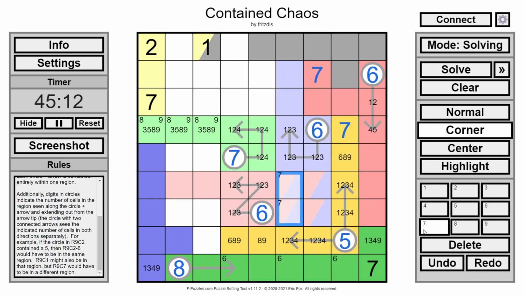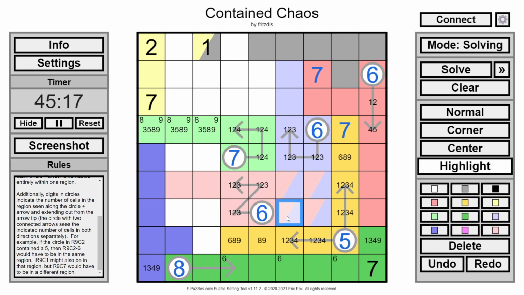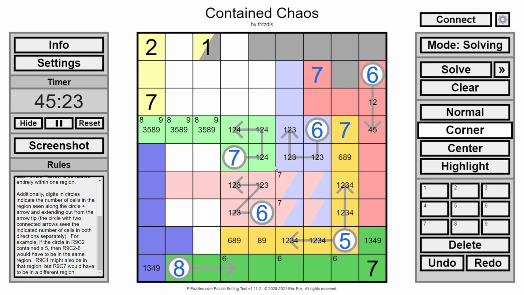So one of these is a blue 7, and it can't be this one. If this was light blue, oh no, this could be light blue, if light blue went like this. But both of these can't be light blue. One of them can be light blue. Whichever one light blue is in this set of 2 cells is a 7.